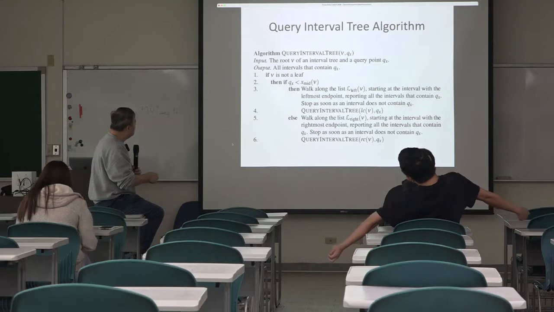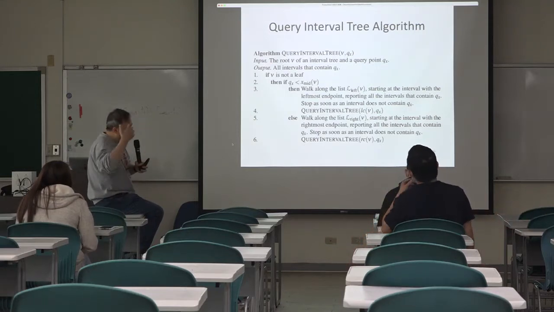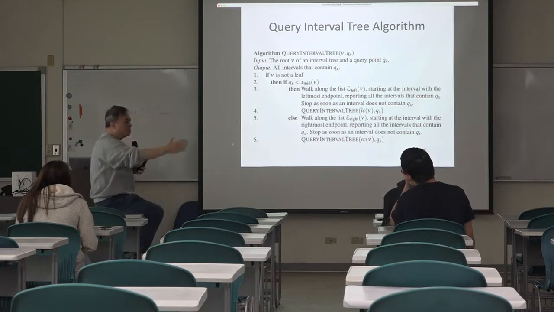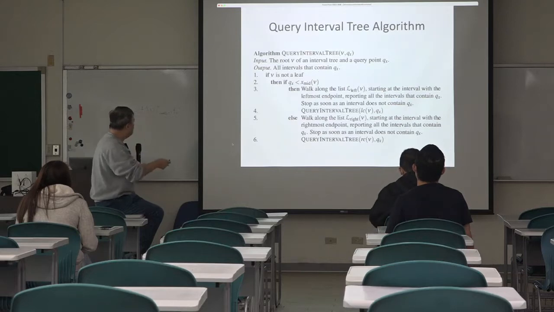Now the input will be one query point. Even though conceptually it's a vertical straight line, we only need to consider that particular x coordinate value, so it's a query point. So we have the root v of the interval tree, and the query point qx.